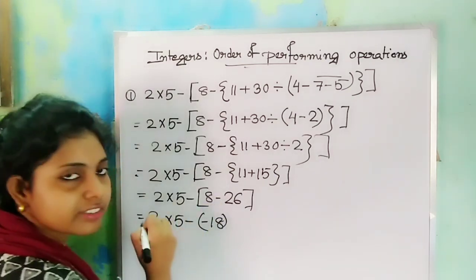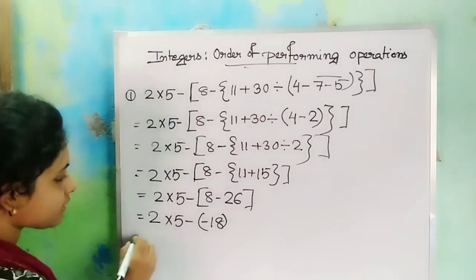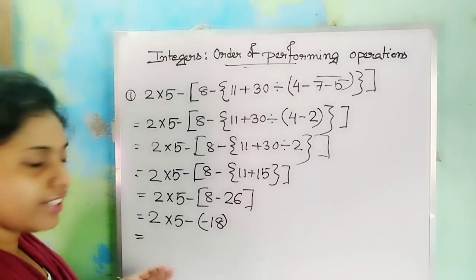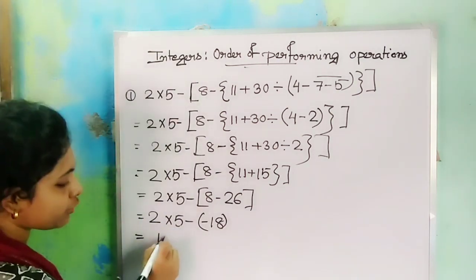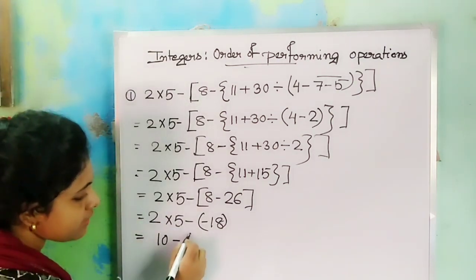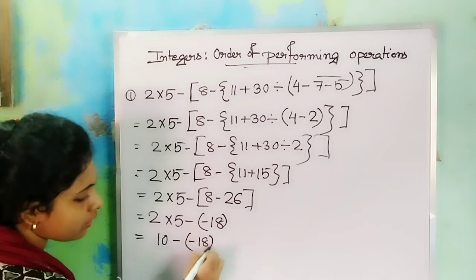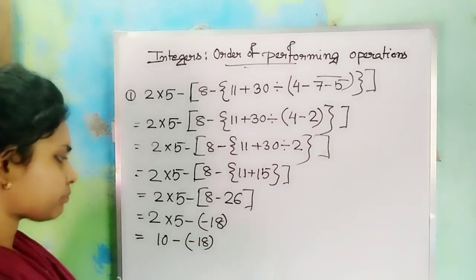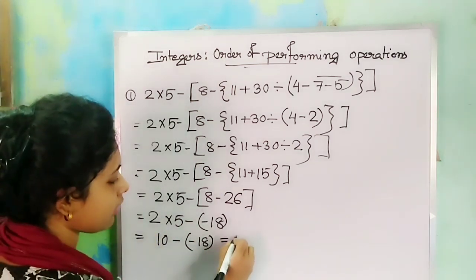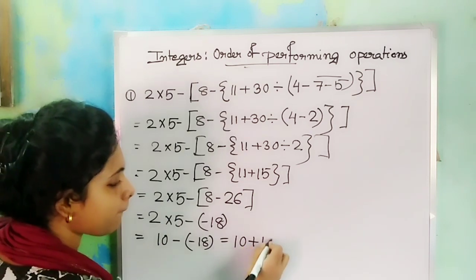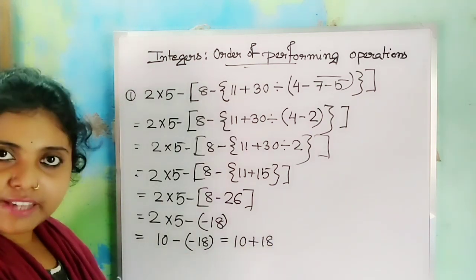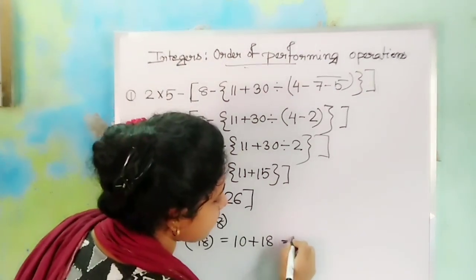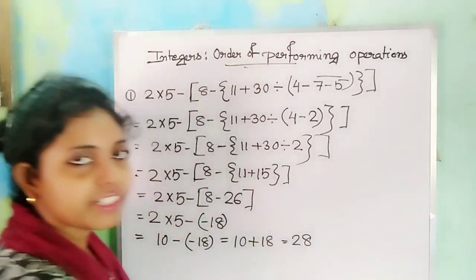Next we have to do the operation of multiplication. That is 2 into 5 equal to 10, and minus of minus 18. That is 10 plus 18, because minus of minus 18 is plus 18. So 10 plus 18 means 28.